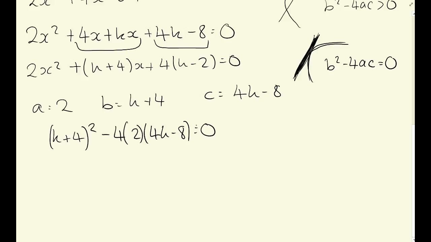So what we're looking to do here is to solve for our two values of k. So expanding our first bracket, k plus 4 squared, gives me k squared plus 8k plus 16. Now if you're not happy with that, just take your time to expand that bracket slightly slower.